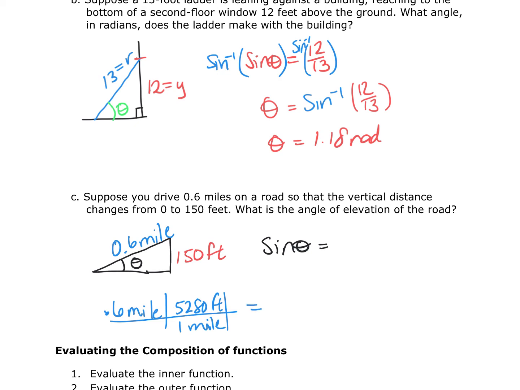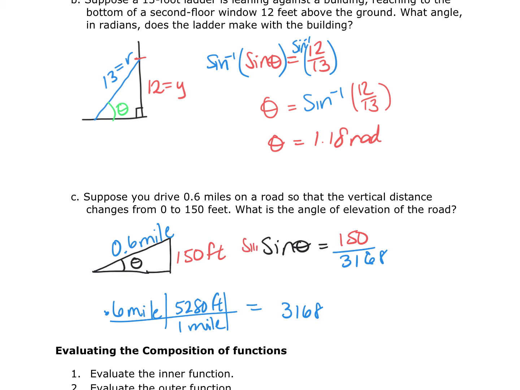So 0.6 multiplied by 5280, and I get 3,168. Now, it's my y value, which is 150, divided by my r value, which is 3168.